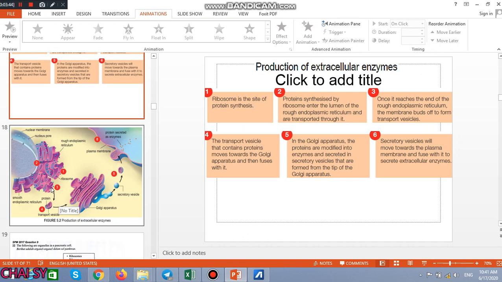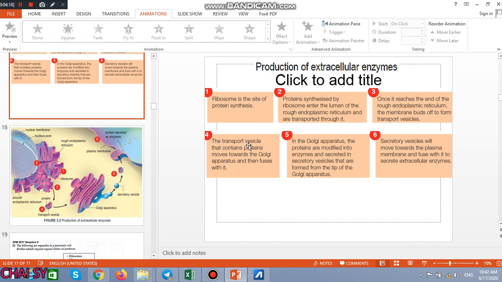So the protein will leave the RER by using transport vesicle. That means the protein stays inside the transport vesicle. Transport vesicle is actually like a bus leaving from RER, carrying the protein.